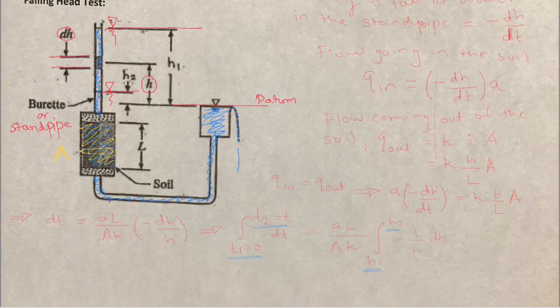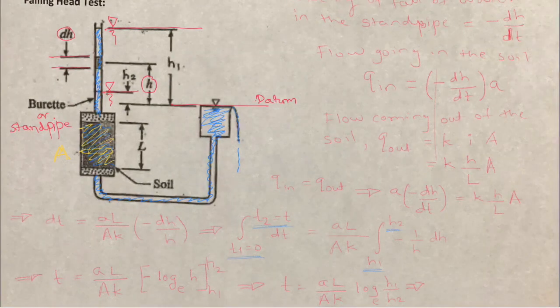So we will get t equals aL divided by AK times the integral of 1 over H dH. Integration of that will be log to the base e of H, with the minus sign, from H1 to H2. So basically, because of that minus sign, we get that t is aL over AK times log H1 divided by H2. And this is natural log.